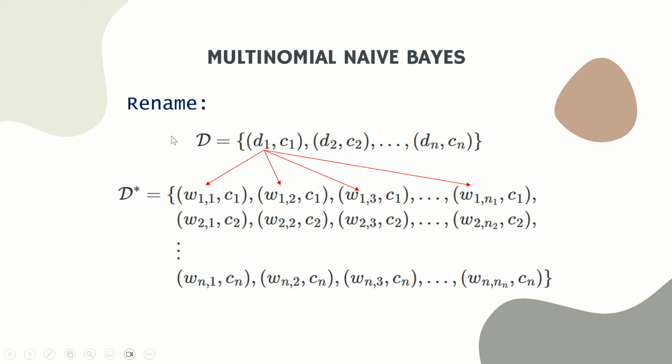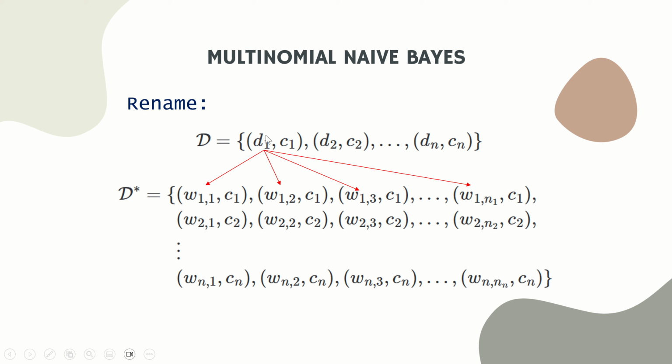First, we will rename our dataset. For the text classification problem, this is how we often call our dataset. We have the document with a label, the document 1 with label C1, and so on. And we will expand this set. The asterisk is written like this.